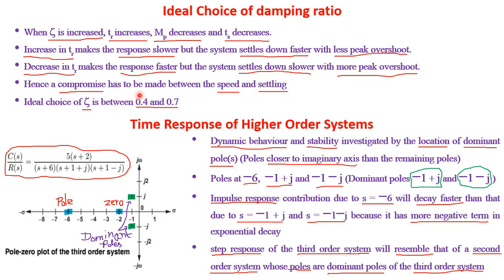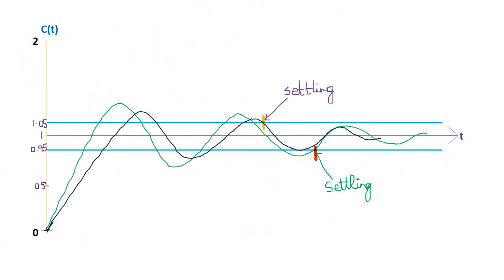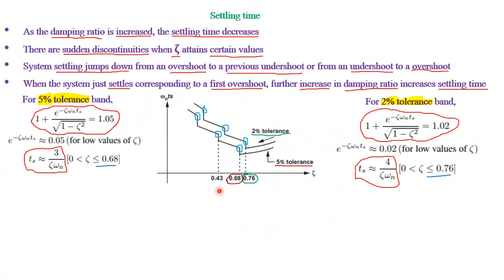When the damping ratio is between 0.4 and 0.7, see, actually in the settling time expression, at 0.68 this actually turns like this. That means it has come under the influence of the first overshoot, then it is coming well within the band.